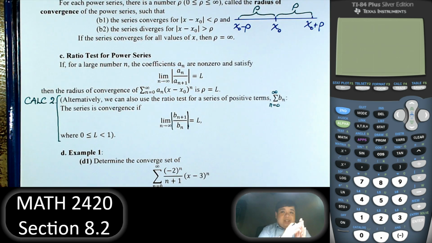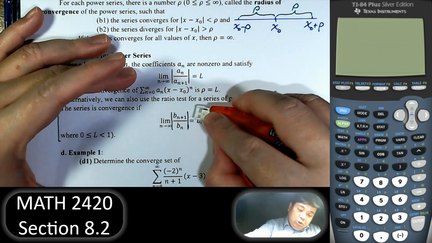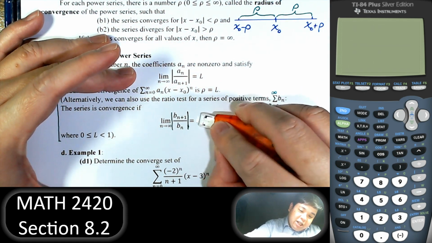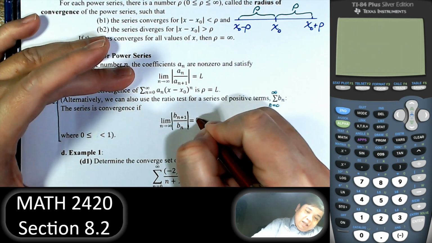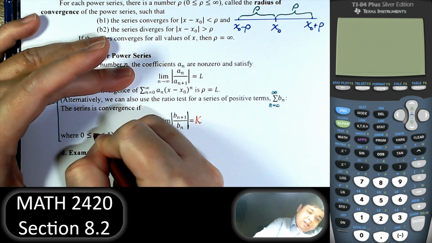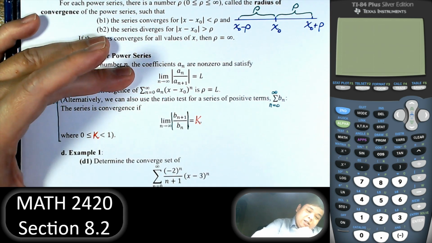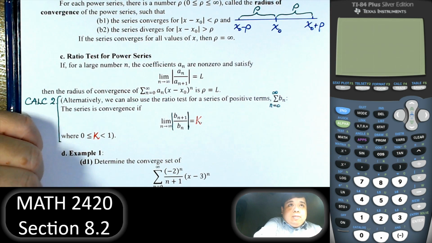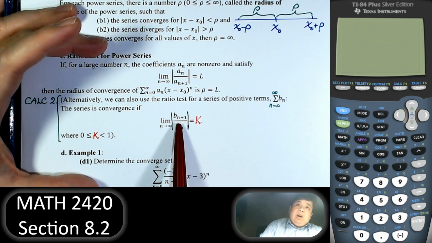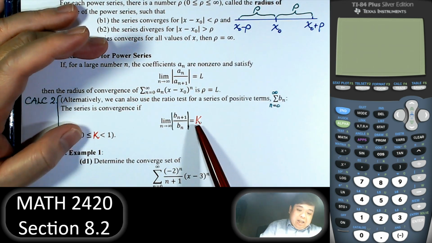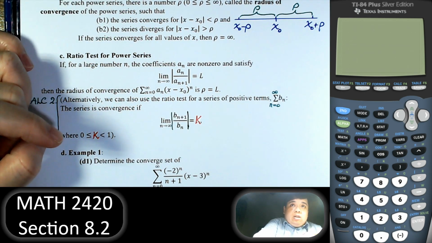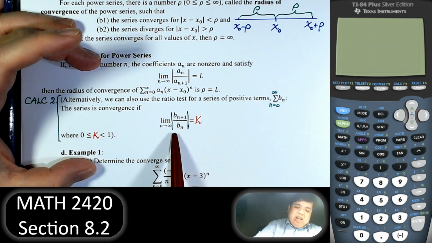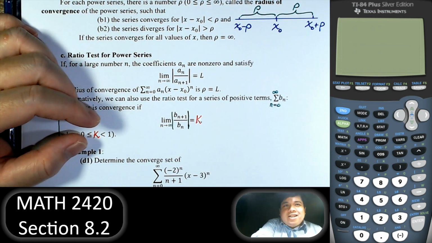Rather than take this term divided by the next term, we do that in reverse, with the absolute value. That would be confusing if we use the same L here, so let's use something else. If the ratio of the next term divided by this one is equal to k, and k is between 0 and 1, then the series is convergent. If it is a positive term series, we can just drop the absolute values.